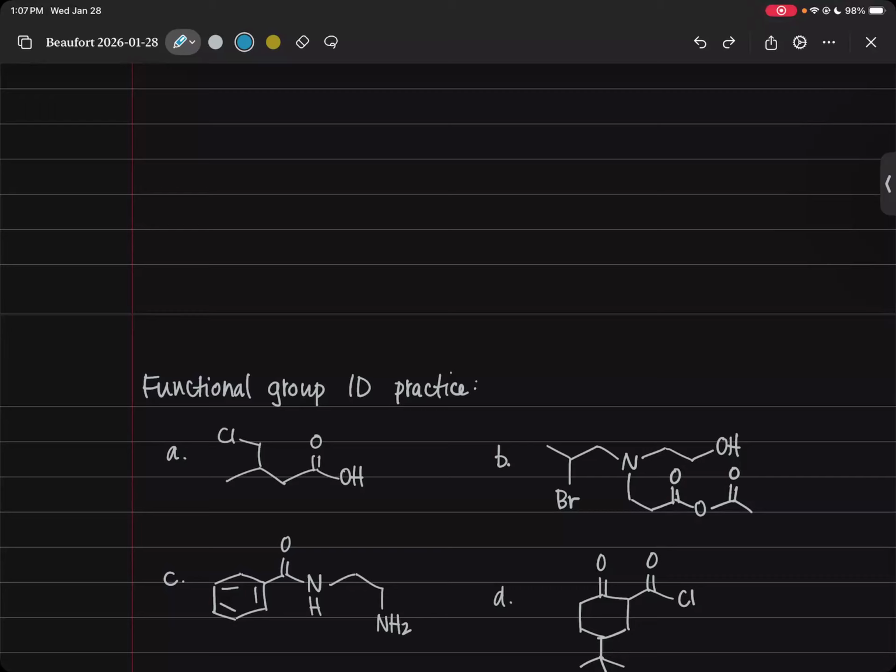Acid anhydride with an E on the end. That's an oxygen with 2 carbonyls on either side. And then we have an amine here, a nitrogen atom, and it's tertiary because we've got 1, 2, 3 carbon-based groups attached.